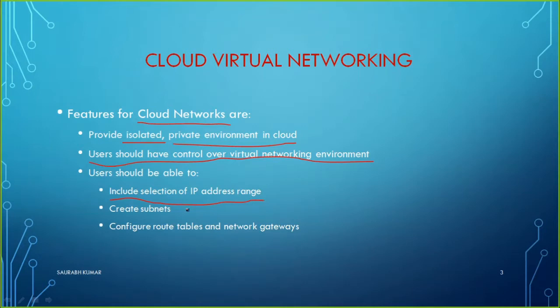Then the user will be able to create the subnet. Then the user will be able to configure the route table and network gateway. So users get full flexibility, the ability to perform any kind of activity they could perform with a local infrastructure, the local network. So these are the features available in a cloud network.